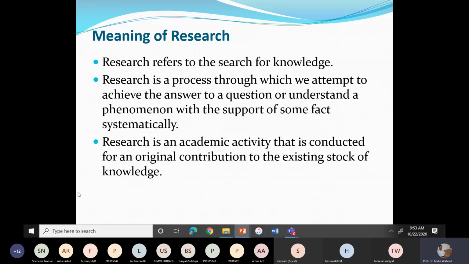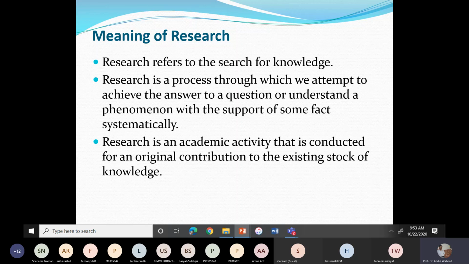So research is an academic activity that is conducted for an original contribution to the existing stock of knowledge. Whenever you complete your research study, then normally it is asked, what is your contribution to the existing store of knowledge?